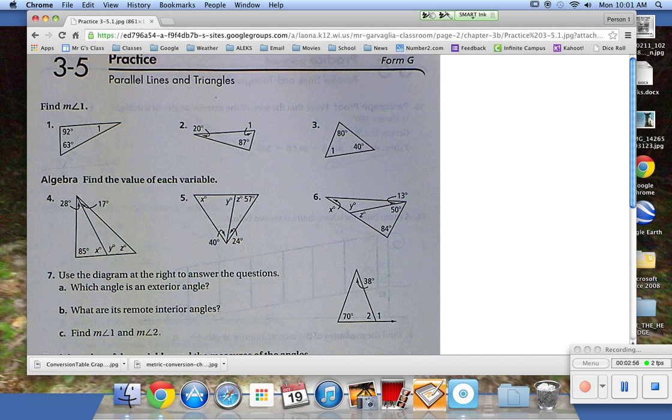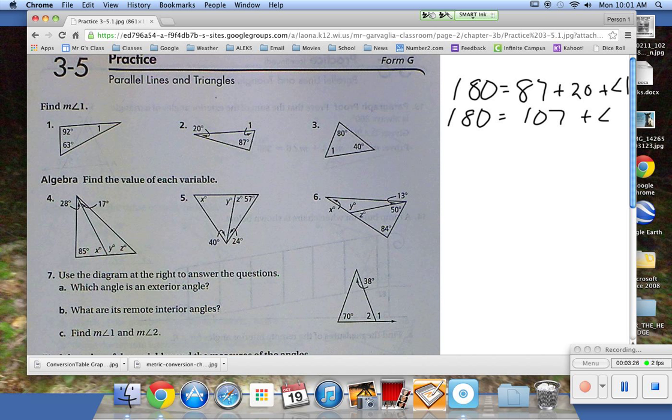Casey, let's look at number 2. And what would angle 1 be in that case? We got 180 degrees, right? Equals what? 87 plus 20 plus angle 1, right? What do we do next? Add them together. So we'd end up with 180 equals 107 plus angle 1.